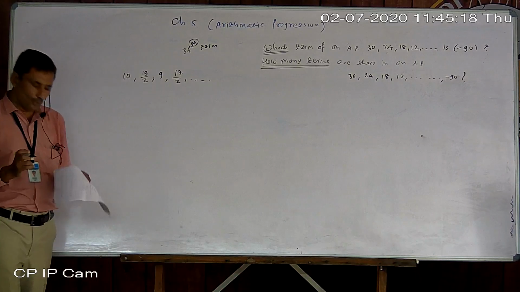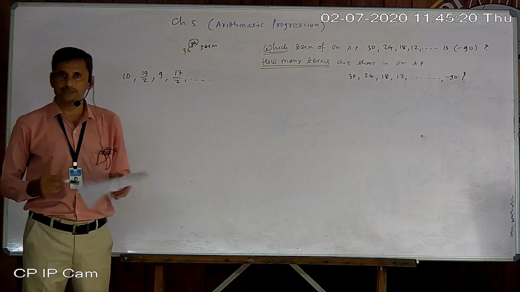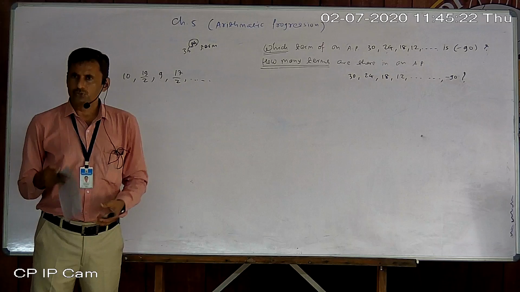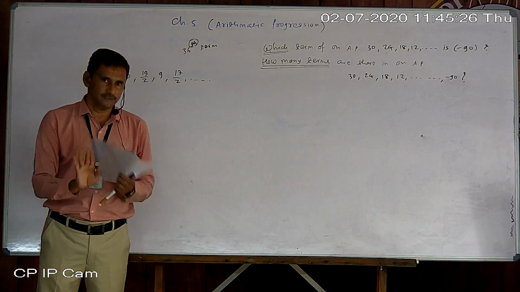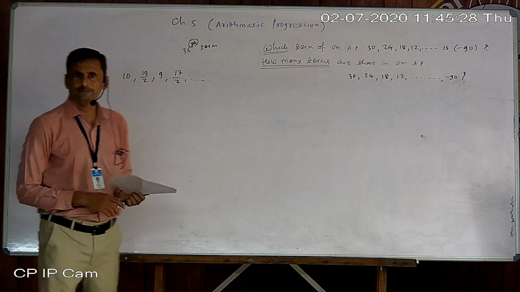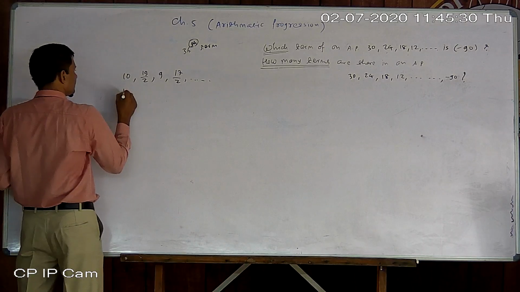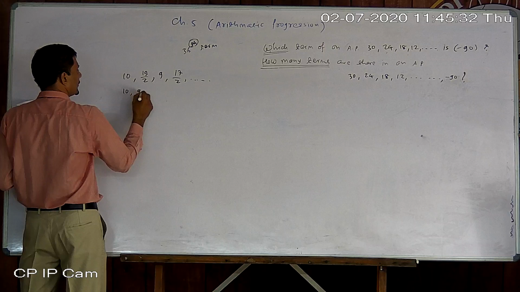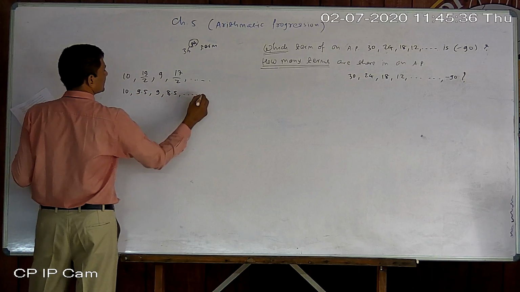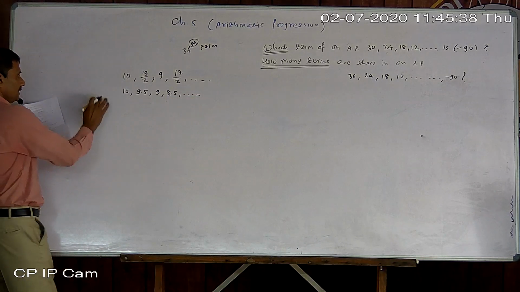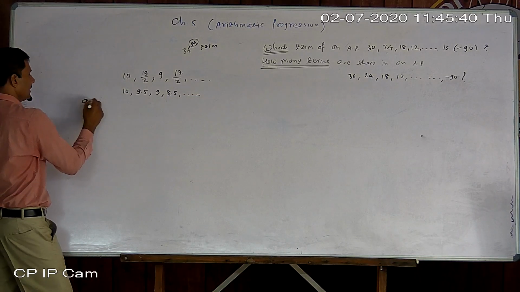If division by 2 or 5 or 10 is there, no problem to keep it in fraction or convert it into decimal. Both are same and equal only. So I just write it this way, 10, 9.5, 9, 8.5, like this. This is our AP. So now A is always visible, 10.